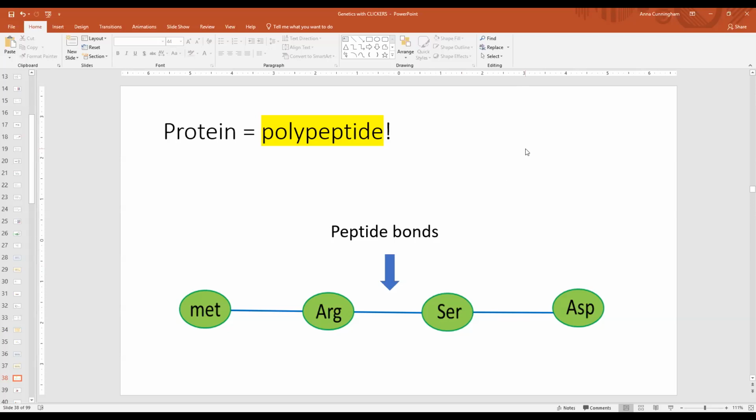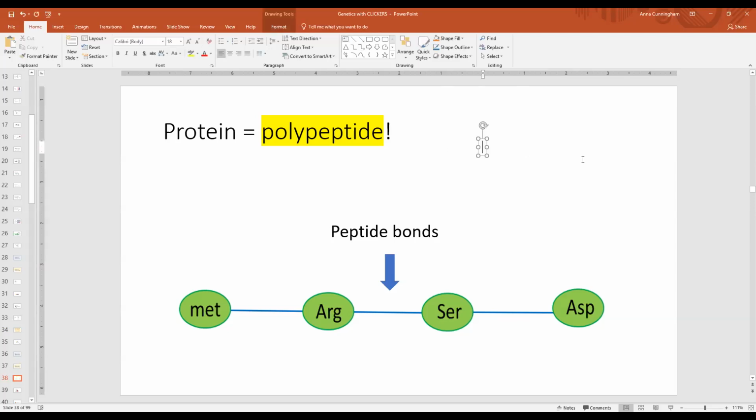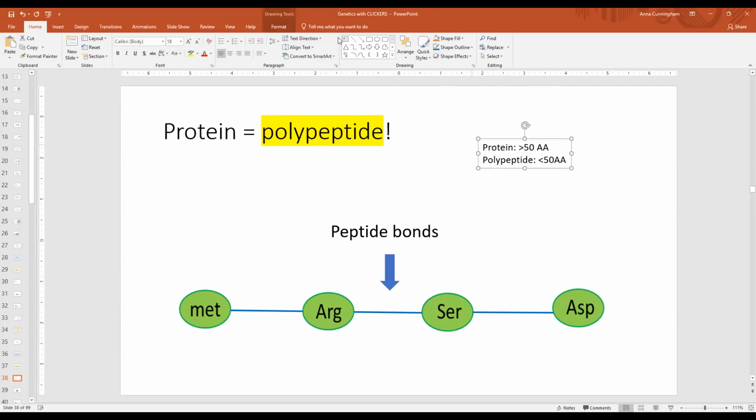a protein. In some cases, actually I asked for clarification from a molecular biologist about this. In some cases, if you want to get hyper specific, if you're going to go into protein chemistry or something like that, a protein is anything over 50 amino acids, whereas a polypeptide is anything that is less than 50 amino acids long.